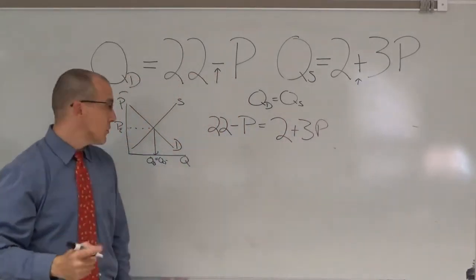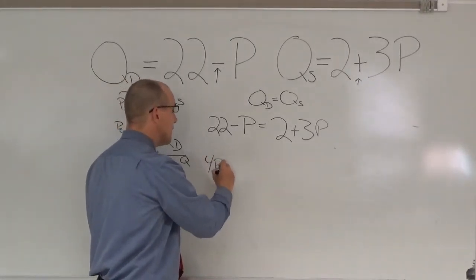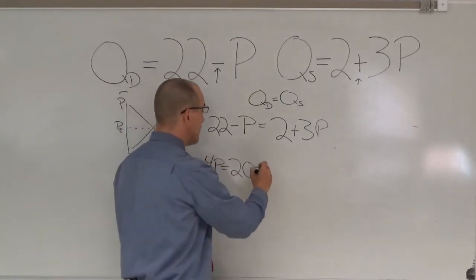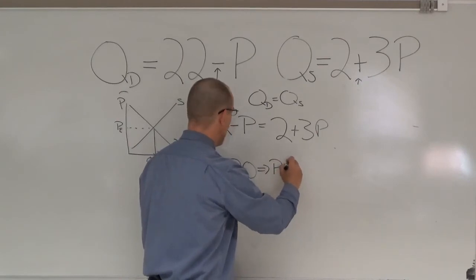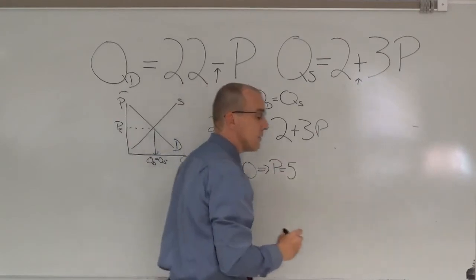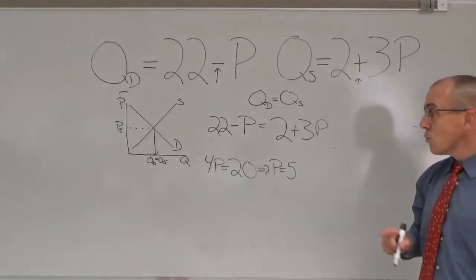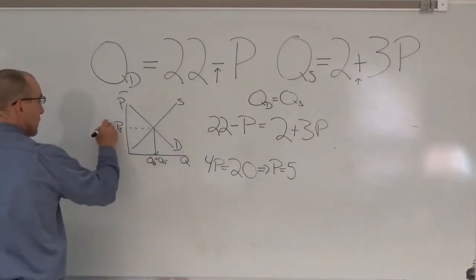If I do my algebra correctly, I should get 4P equals 20, which will give me a price of 5. So the idea here is that quantity supplied and quantity demanded will be equal at a point where the price is 5.